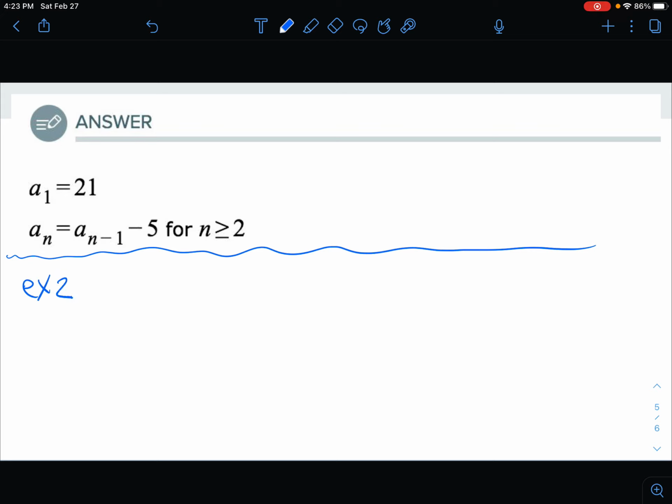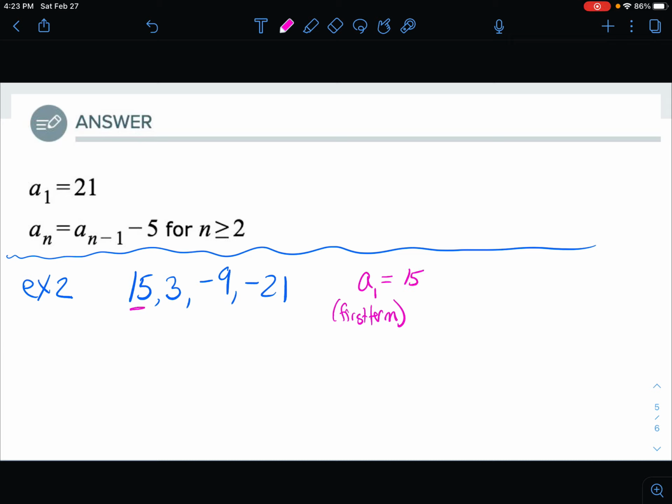Let's do example 2. And I'm going to give you the numbers 15, 3, negative 9, and negative 21. So we want to find out a couple things. We want to find out what is the first term. And the first term is just 15. That's it.